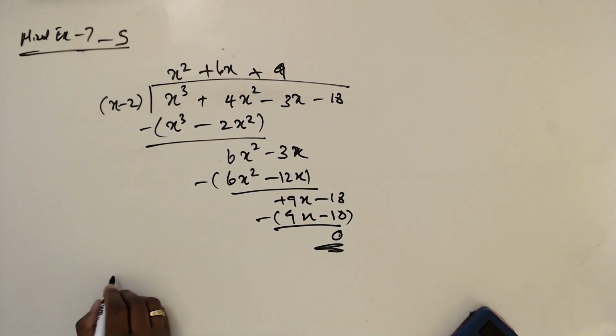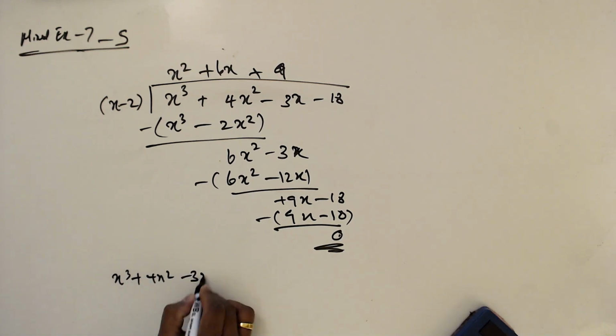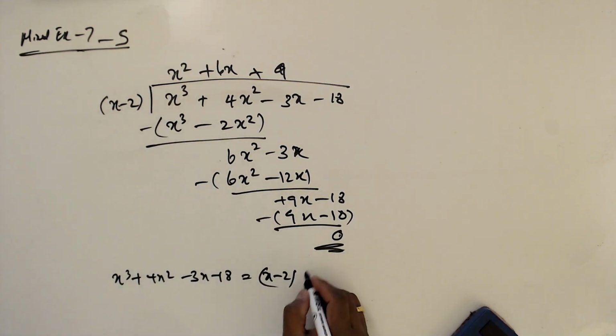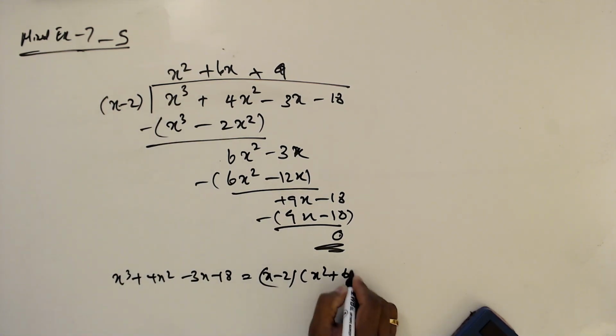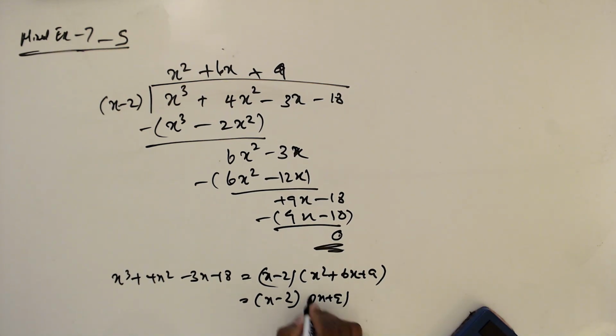Now you can see that x cubed plus 4x square minus 3x minus 18 equal x minus 2 times x square plus 6x plus 9. Now they want it in px plus q square form. It means this is 3 terms, this is 2 terms, and also this is a square.